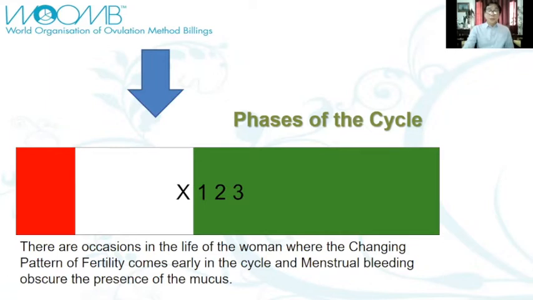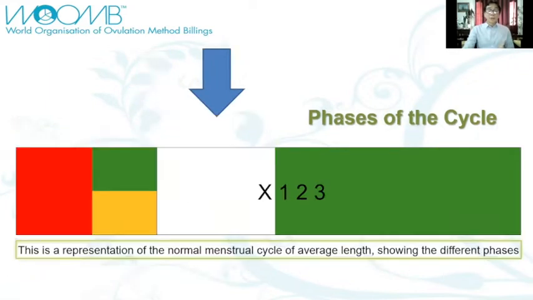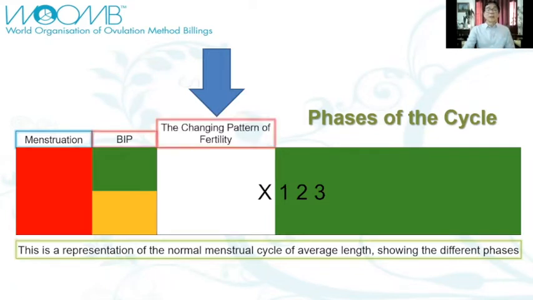But in episode number 14, we will be talking about the normal menstrual cycle of average length, meaning we will be talking about the changing pattern of fertility, wherein you have the menstruation first, then followed by the BIP, and then followed by the changing pattern of fertility. This will be our main focus in our discussion for episode number 14. A normal menstrual cycle of average length, meaning with a BIP.